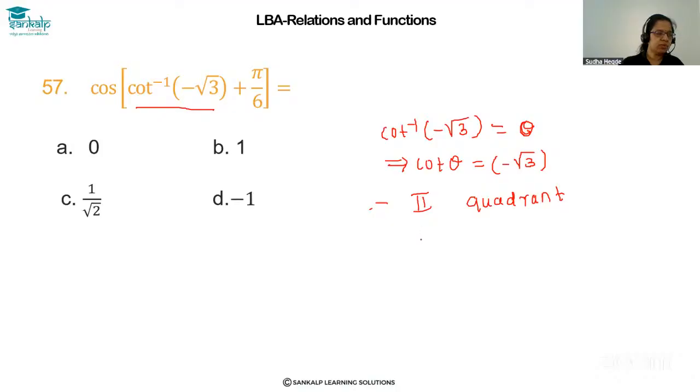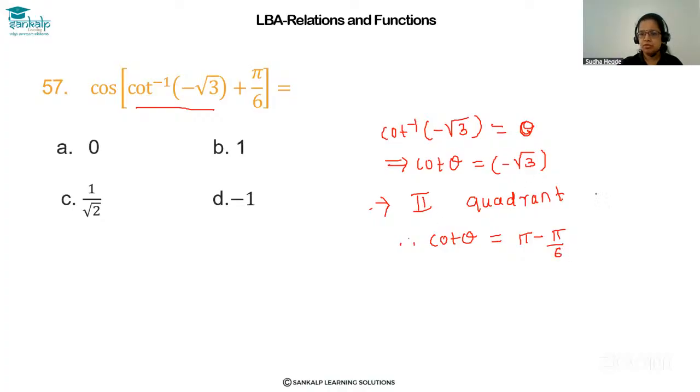If cot theta is equal to root 3, what is the value of theta? It is pi by 6, isn't it? So in the second quadrant, cot theta is negative. Therefore, you need to take this as pi minus pi by 6.